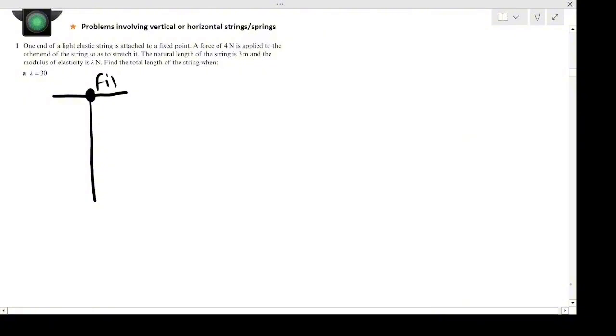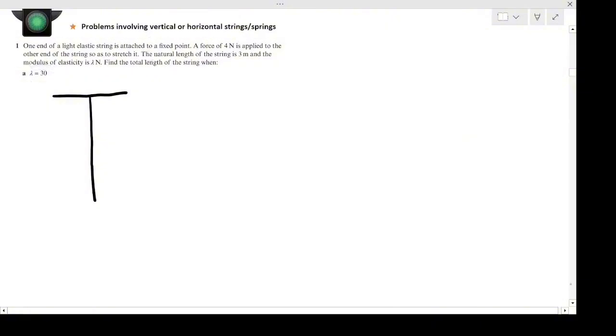That's the fixed point. That's all that means. So the string is attached to something like that at one end. At the other end, at the bottom of the string, we're told a force of 4 newtons is applied to the other end of the string.